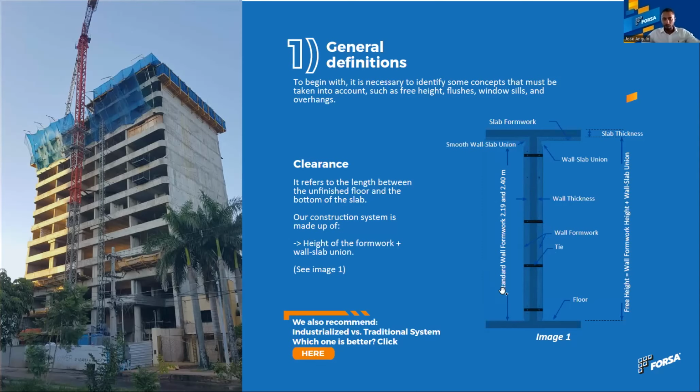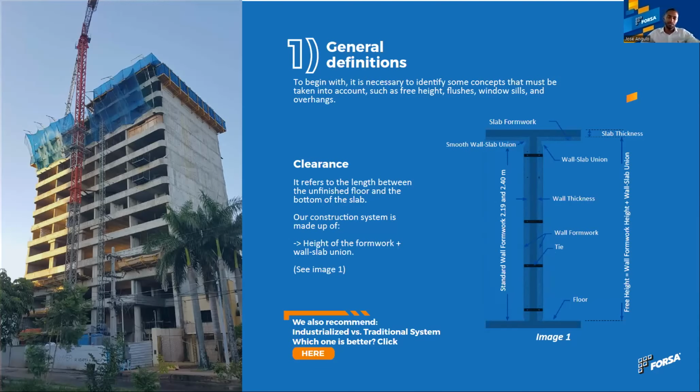Why do we talk about this clear height? Because if you make it a round number, as I talked about before, as for example 2.4 meters, you can make it 2.5, you can make it 2.7, you can make it 2.9 meters, and those numbers are pretty easy for an industrialized system to cover.